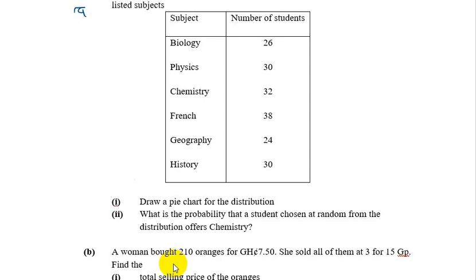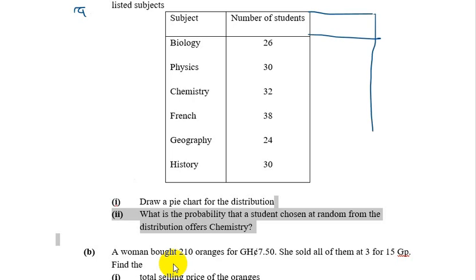Now, I'll continue here and draw another table in addition to this one. Like this. But first, we have to find the total number of students who are here. So when we add all this from here up to here, we are getting 180.